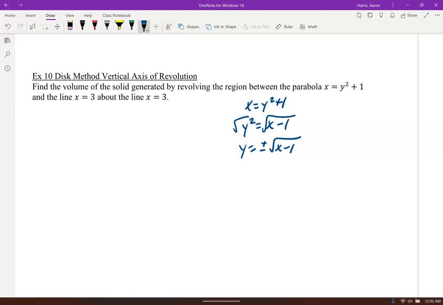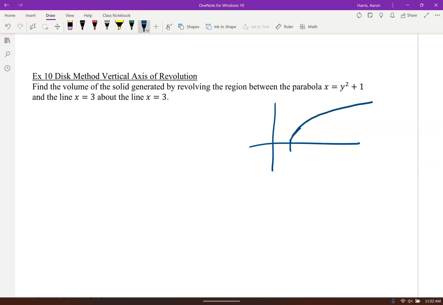So I've got the square root of x minus 1, the top and bottom half of that. It looks like the square root function, but shifted to the right one. There's the top, square root of x minus 1, and there's the bottom, negative square root of x minus 1. So this is x equaling y squared plus 1.